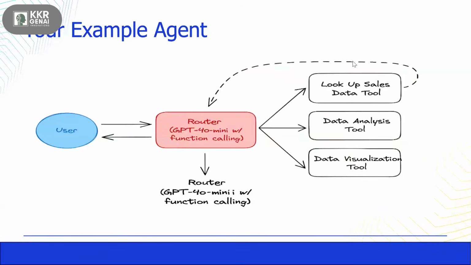Considering the router at a higher level, take the example of a chatbot system: the user requests a query about a credit card. That will be connected with the router.